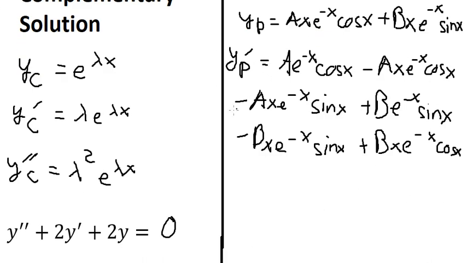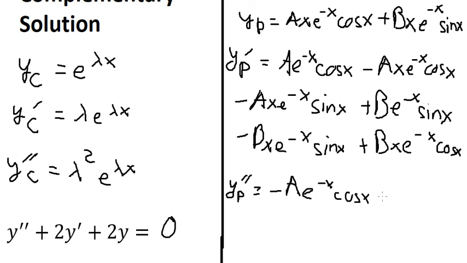Now we do second derivative. So we do first the derivative of this one. You got negative a e to the power of negative s cosine s.